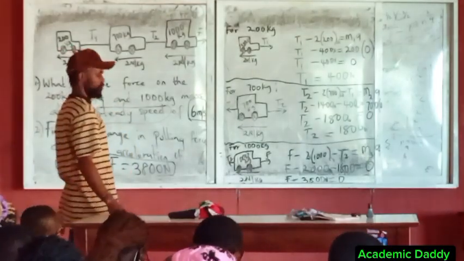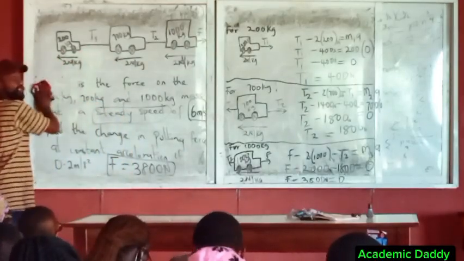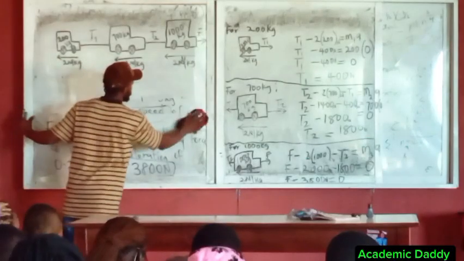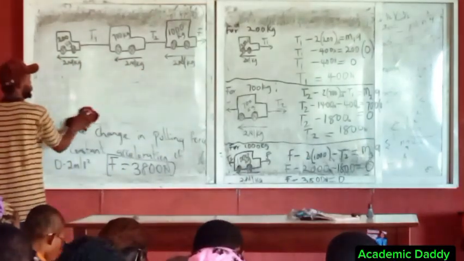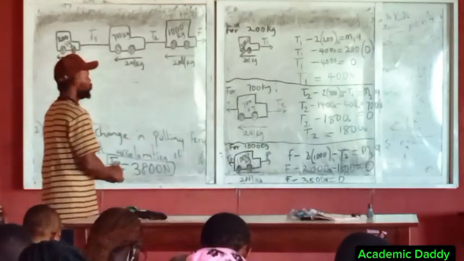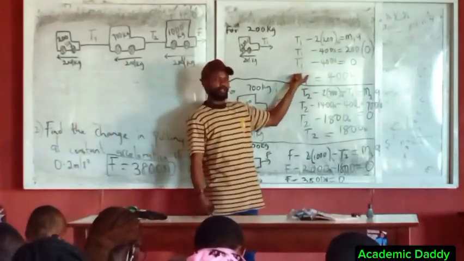So I can claim this question. We are done with this one. This particular one is remaining. I want us to check something. Do you notice that this is T1, Jimmy?